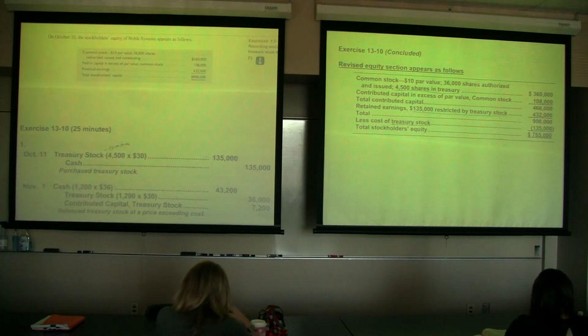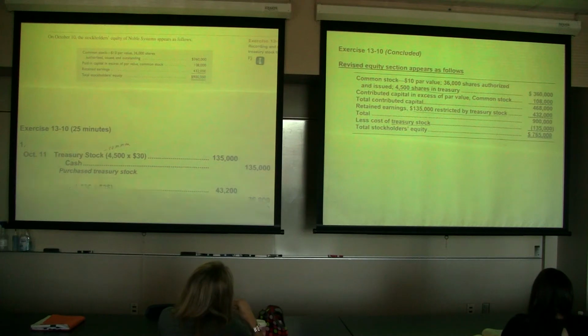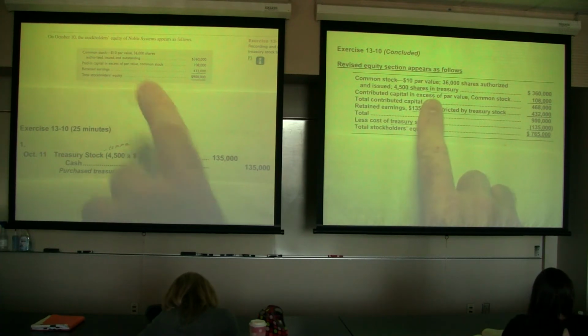So I'm just going to get something to cover that with. So it's at this point in time. So the way it will look is like this. So common stock, let's compare the two.